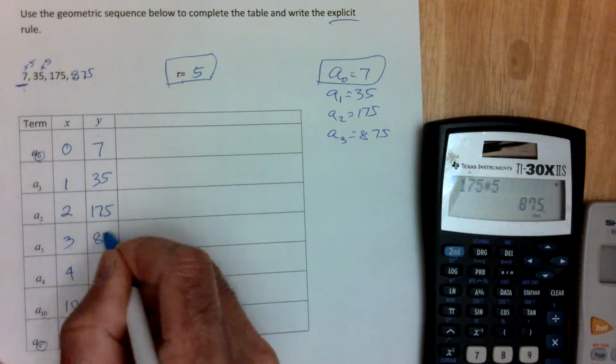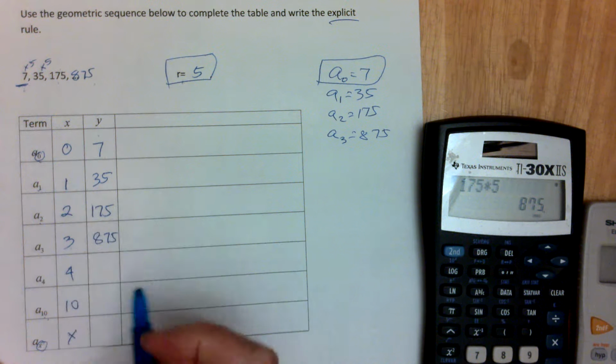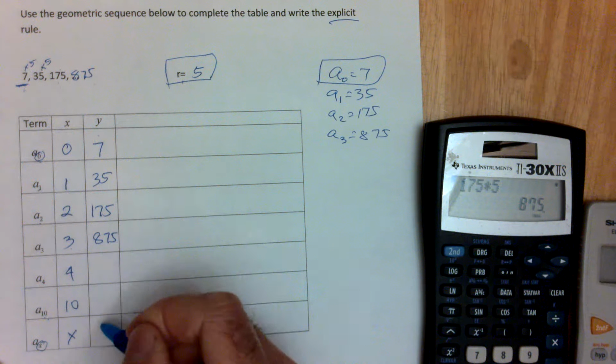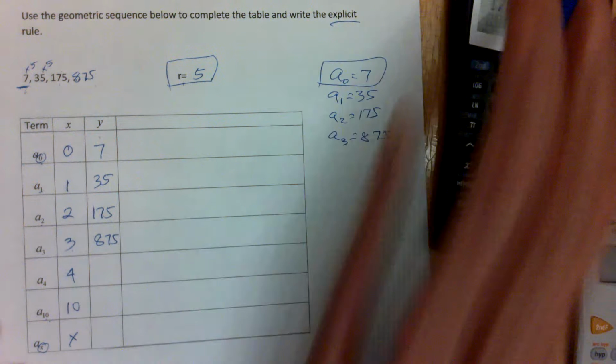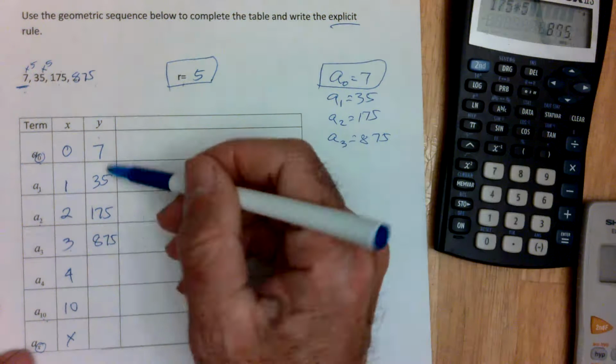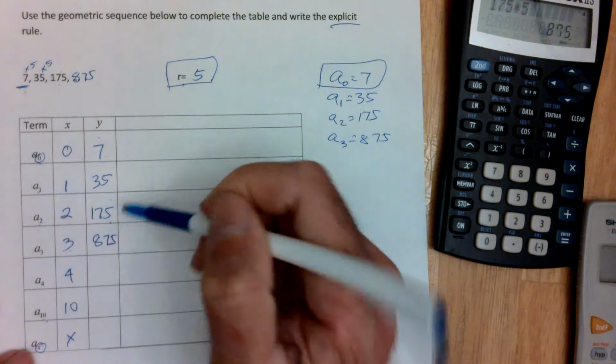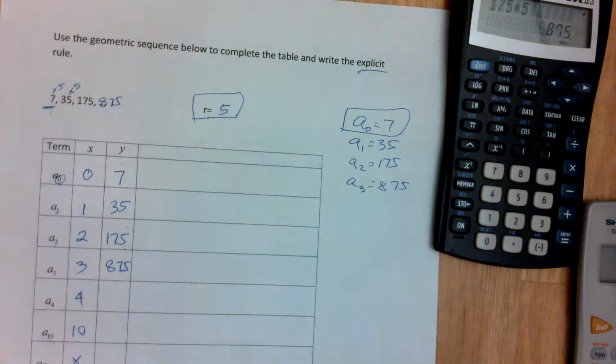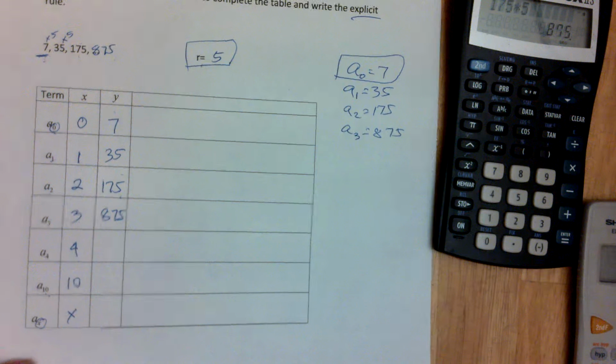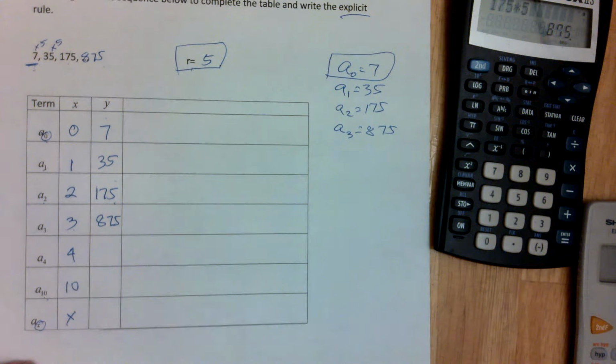And we have 875 for a sub 3. We'll worry about these later. We're going to break it down because just by looking at this, it's probably kind of hard to see a rule that we're going to be able to write as a function. I can't see it, and so I don't expect you to be able to.